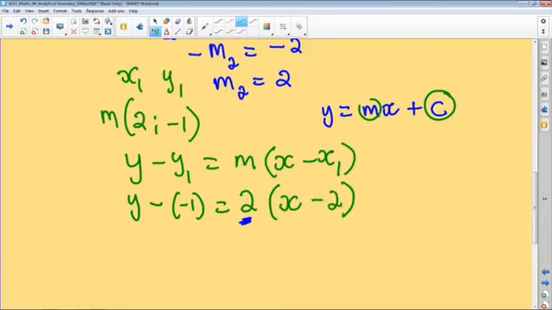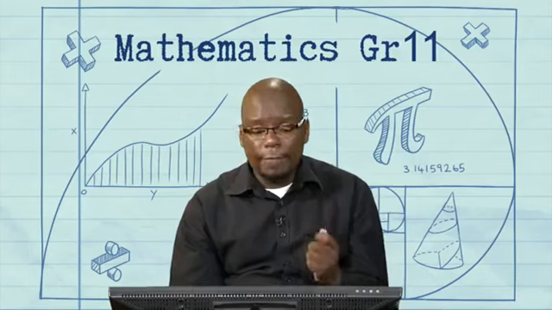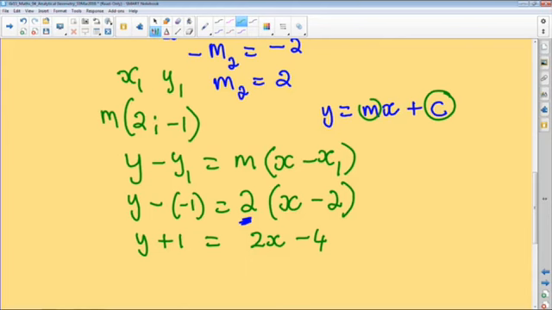And then from there, you can see that it's not yet in your standard form. So you simplify this. This will be y plus 1 is 2x minus 4. Now you have to make sure that at the end of the day, you have y as the subject of the formula.